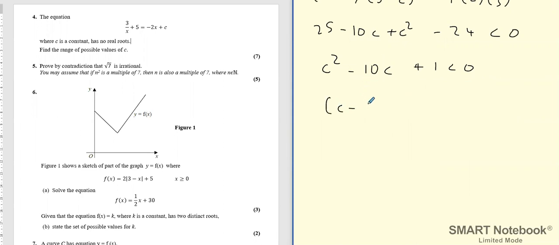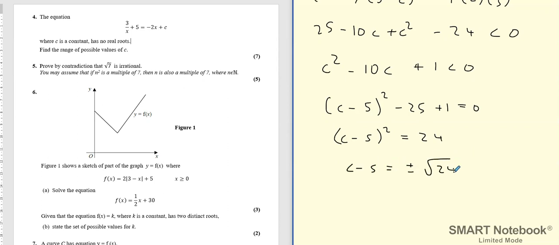You can find the solutions many ways. I'm going to say c minus 5 squared minus 25 plus 1 equals 0. c minus 5 squared equals 24. c minus 5 equals plus or minus root 24. c equals 5 plus or minus root 24.